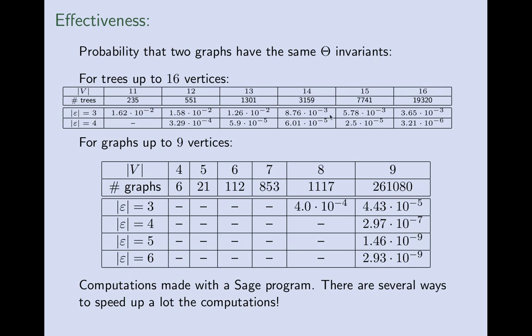And as you can see, the probabilities get really, really small when we move up into the coloring levels. Even more, I looked also at all possible graphs with up to 9 or 10 vertices, and you can see how the number of such connected graphs increases by a lot, and how the probability that we have rather high dissimilarity decreases by a lot as well.